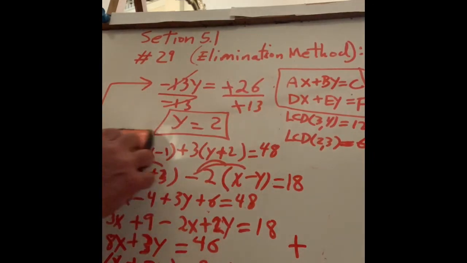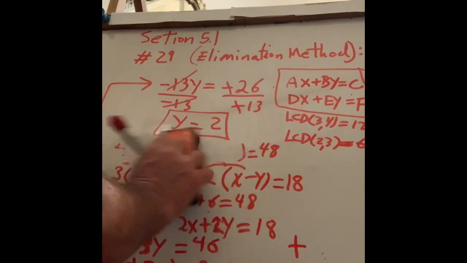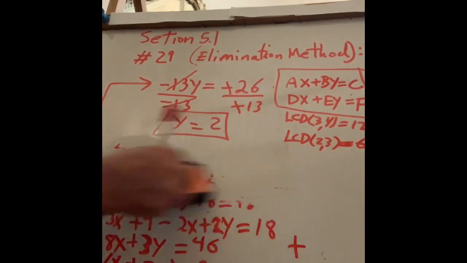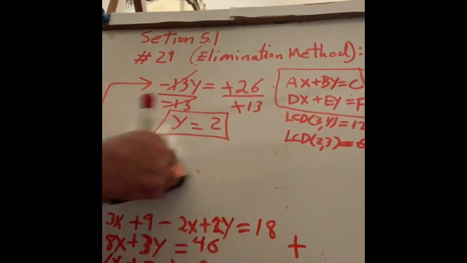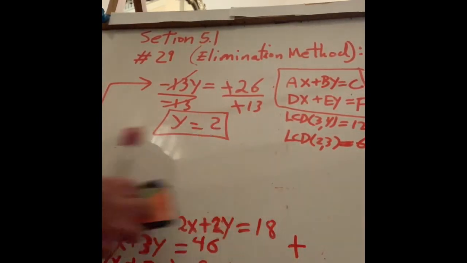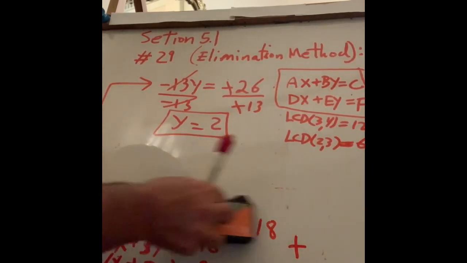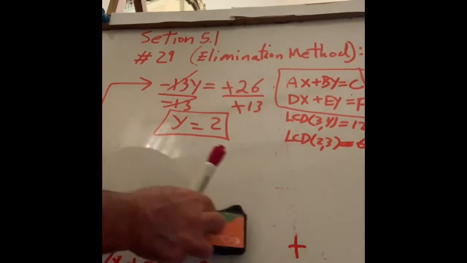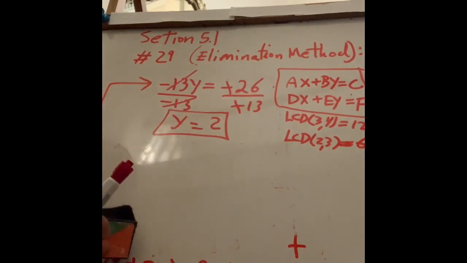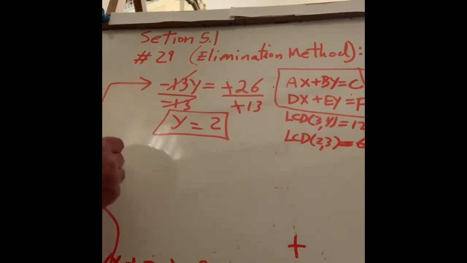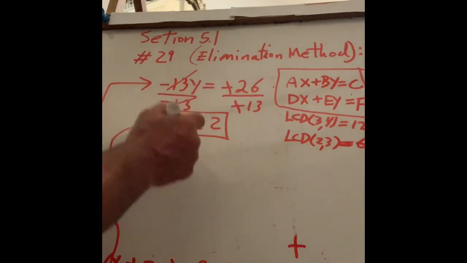So let me just erase these two lines here so we can finish it up by looking for x, which will be our last unknown. Okay, so we're going to take this equation and the value of y equals 2 and replace the y with 2 in that equation.